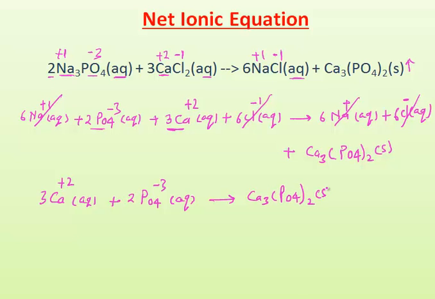It is in solid state. Well, calcium ions and phosphate ions, these are the reacting ions which combine to produce calcium phosphate as a precipitate. This is the net ionic equation for this given balanced equation.